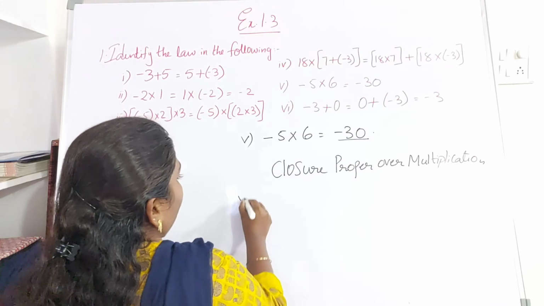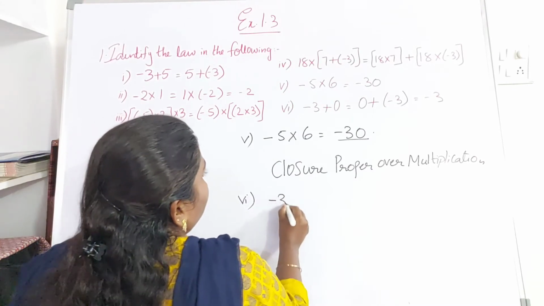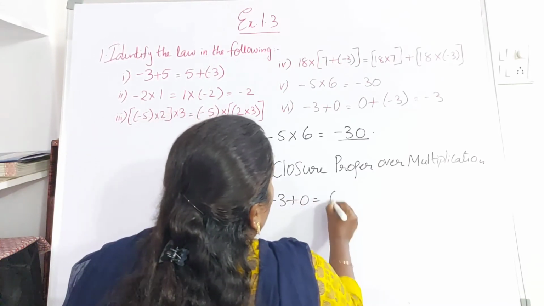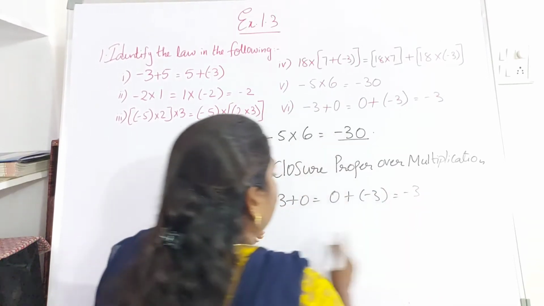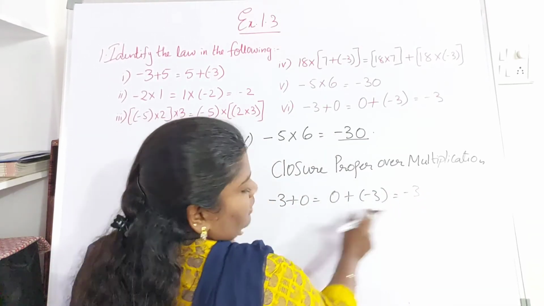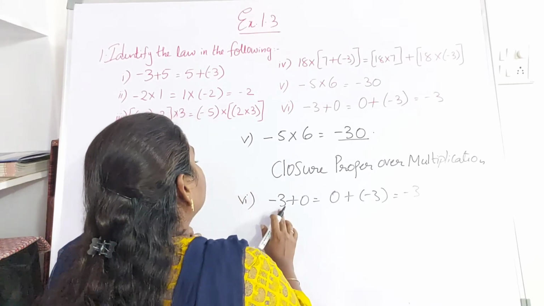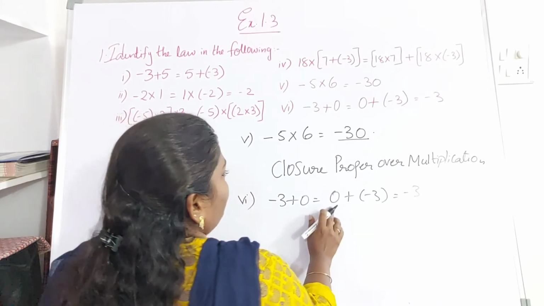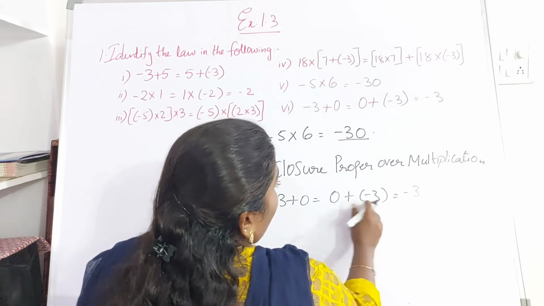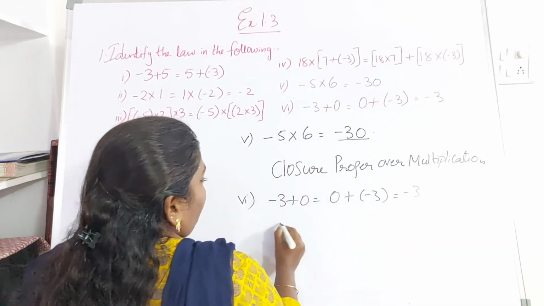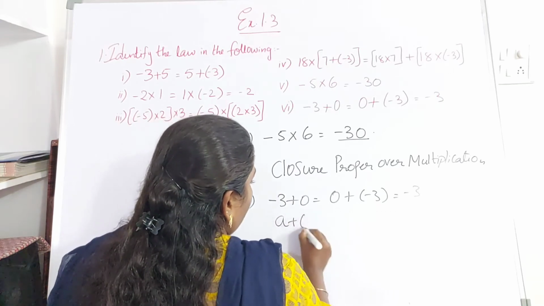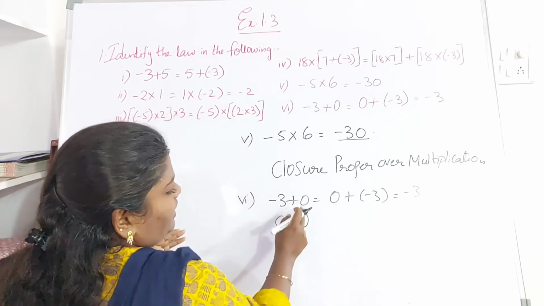And the next one is the sixth one, minus 3 plus 0 is equal to 0 plus minus 3 is equal to minus 3. Here you can observe that there are 3 values. Here it is minus 3 plus 0 equals 0 plus minus 3 is equal to minus 3. So here you can see that A plus 0, the additive identity is 0.